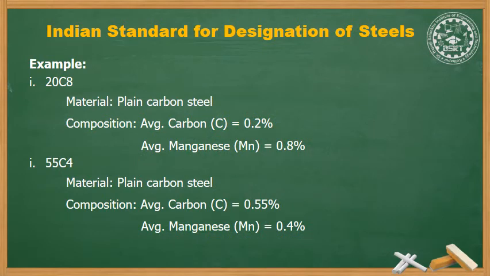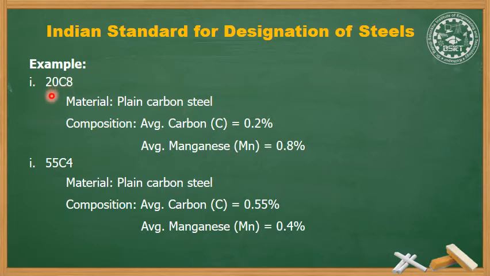So this is the example related to plain carbon steel. Suppose you are given the designation 20C8. You have to designate this material. The material will be plain carbon steel, as it is in the form XCY.